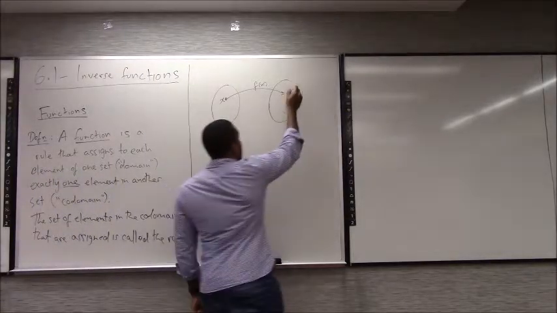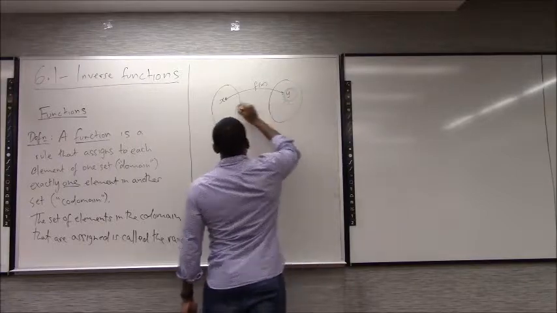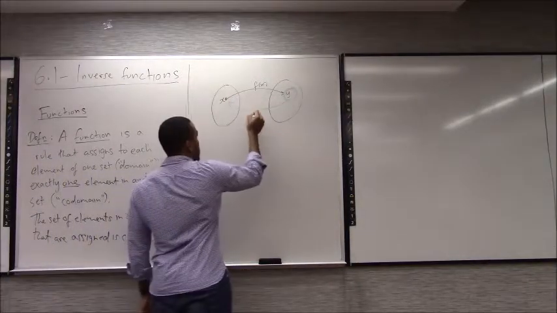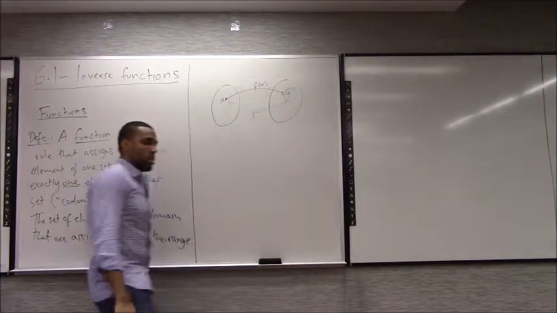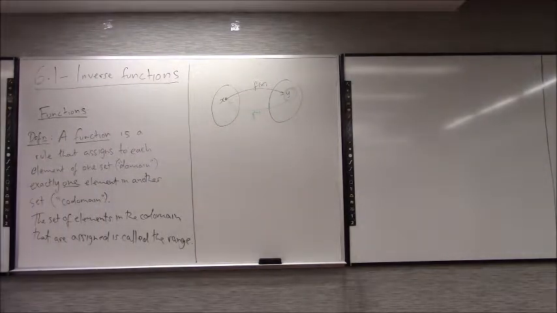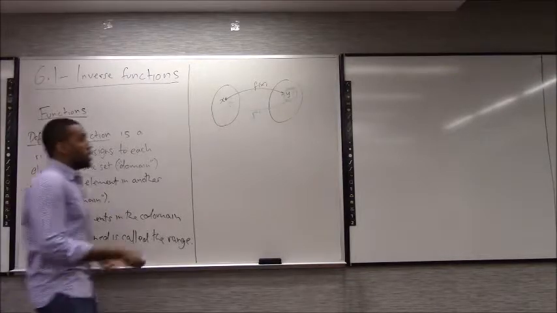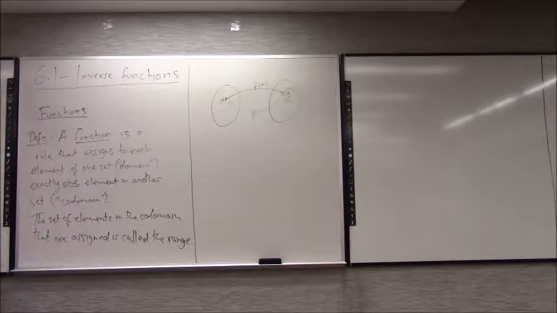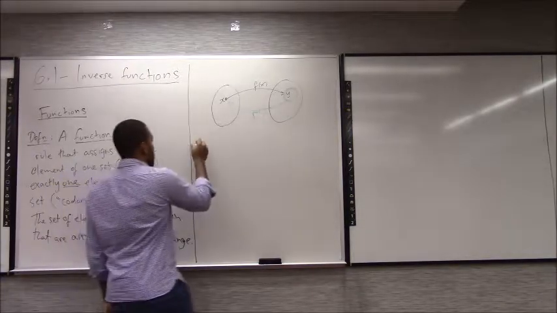See, green is better. And it goes backwards, and we call this function the inverse of f, and the notation is f with a little minus 1. Okay. So those are the guys we're going to be talking about. Not all functions have inverses. Only one-to-one and onto functions have inverses, so we'll probably have to talk about that as well.